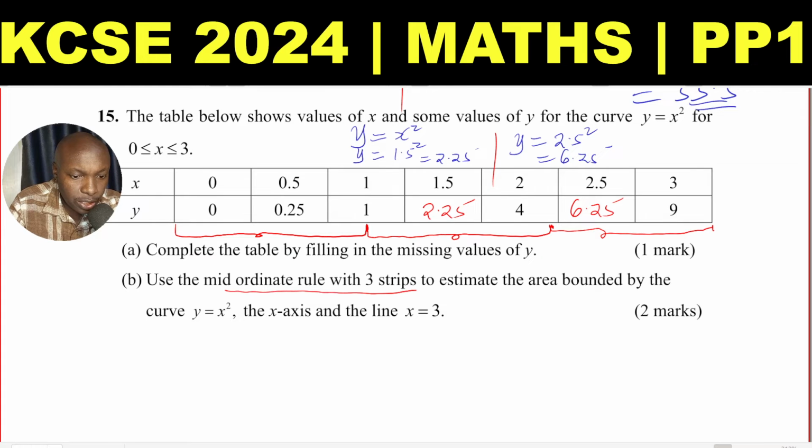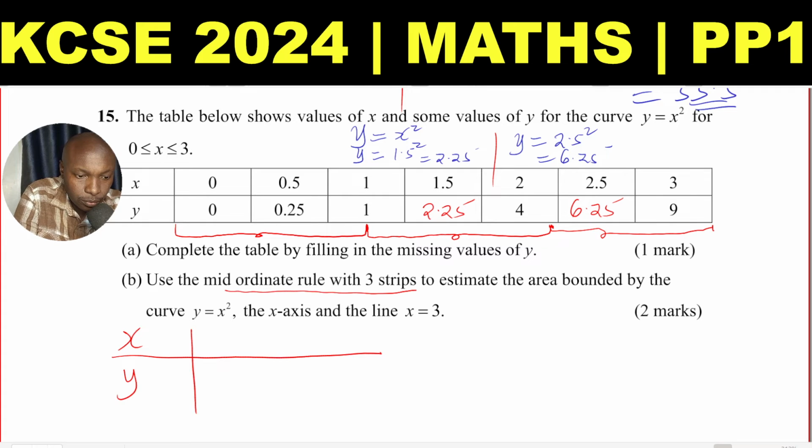Now, using the mid-ordinate rule, you get the midpoint of each of these strips. So let me create a table here, x, y. The first strip from 0 to 1, pick the midpoint of that strip, that is the mid-ordinate rule. So the midpoint will be 0.5, that is what you pick. So when x is 0.5, y is 0.25.